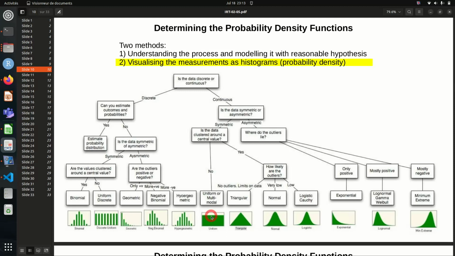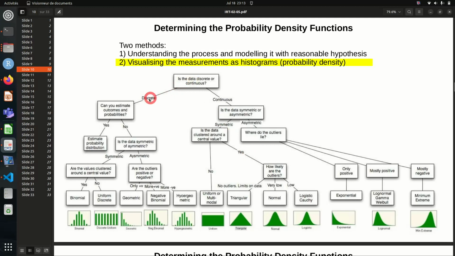But in most cases, you will need to go from the probability density. So we are going to do this statistic process by doing measurements, making the histogram, and looking at the data. Always look at the data. This is really important.